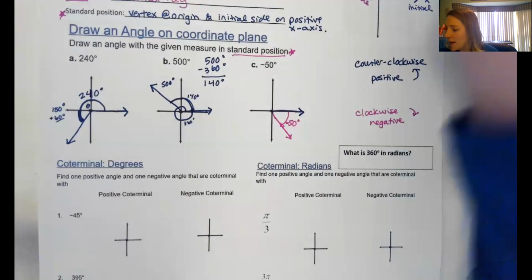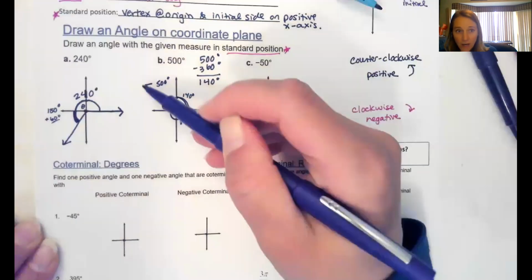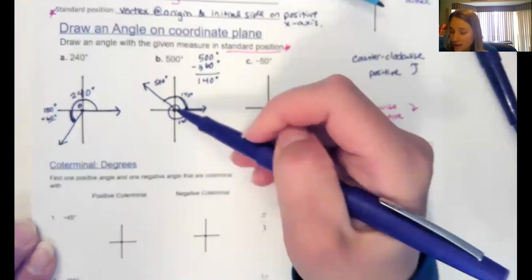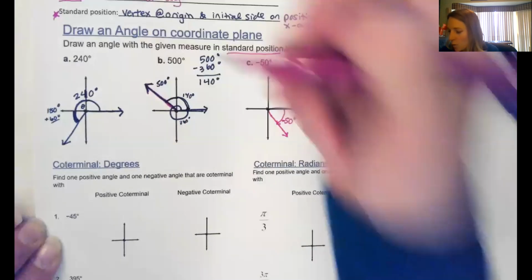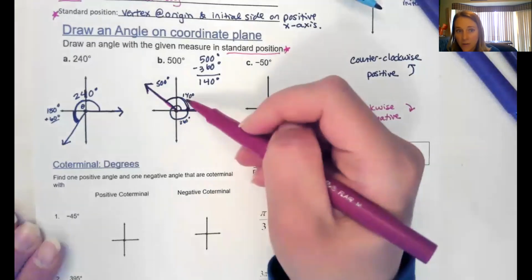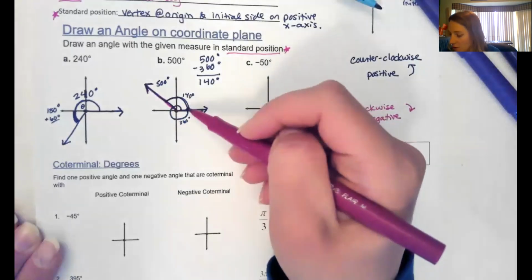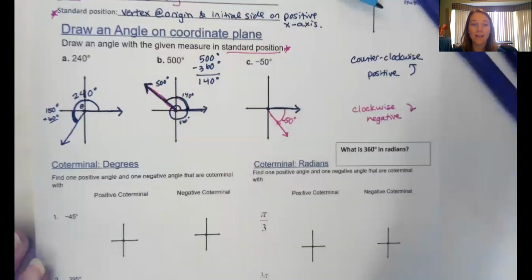Okay, so one thing that maybe you noticed in our last example is that 500 degrees ended our terminal side. If you remember, we talked about what terminal side was, the ending ray. Well, that ending ray actually would be the same as if I had to graph 140. 140 degrees would have taken me to this same spot.